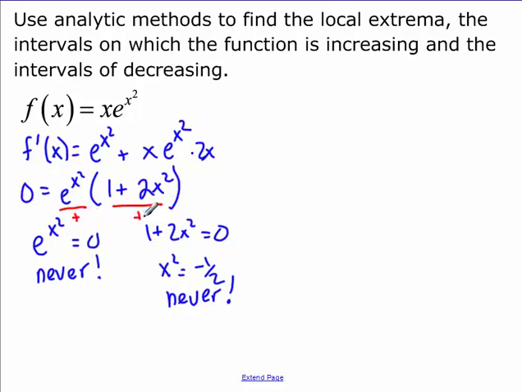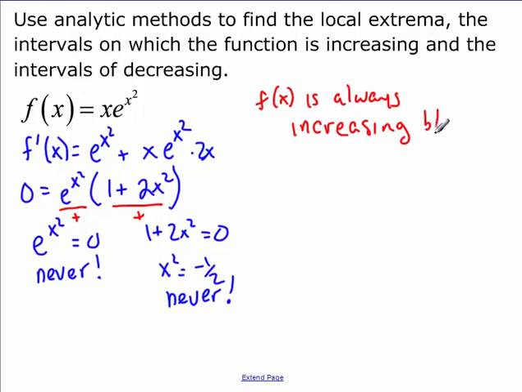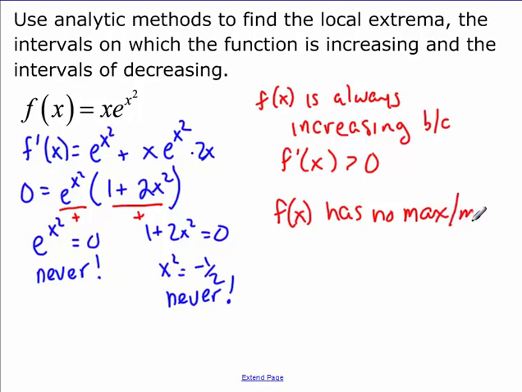So I have a positive, another positive, so f of x is always increasing because f prime of x is always greater than 0. So therefore, f of x has no max or min, because I'm always increasing.